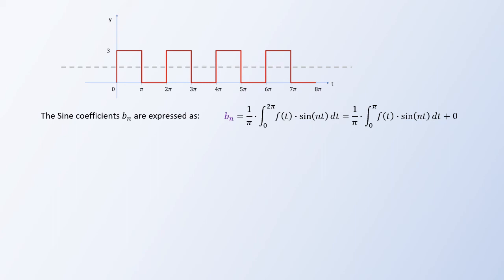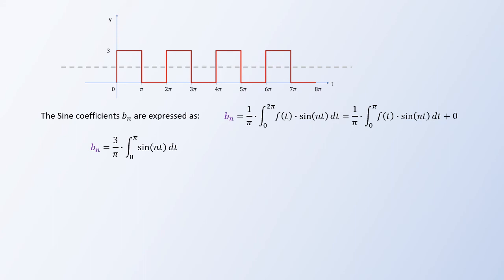And again, we'll drop out the interval from pi to 2 pi since that's 0. So we're left again with b sub n is equal to 3, which is the function value that we saw in the previous slide, over pi times the integral from 0 to pi of sine nt dt.